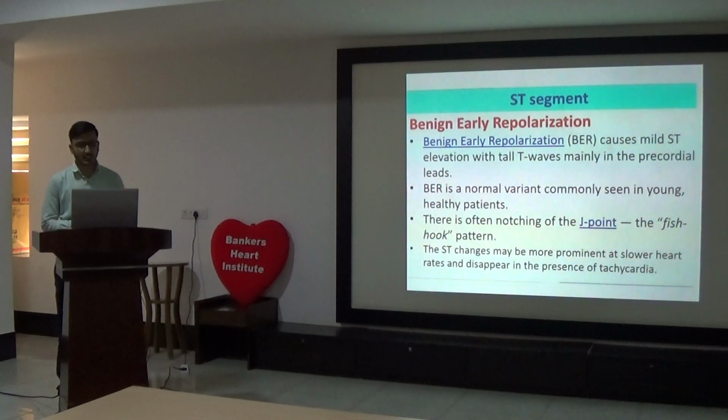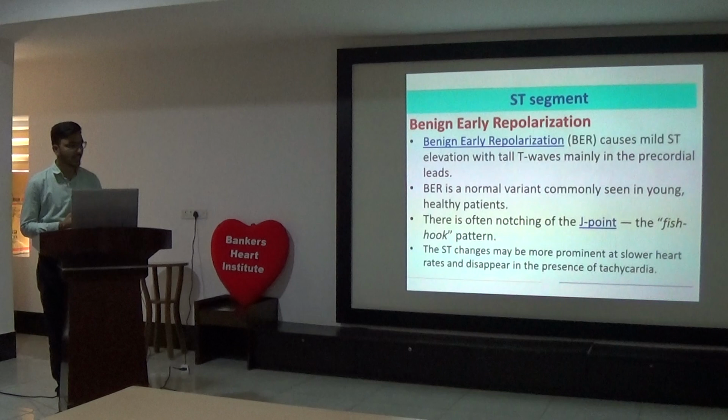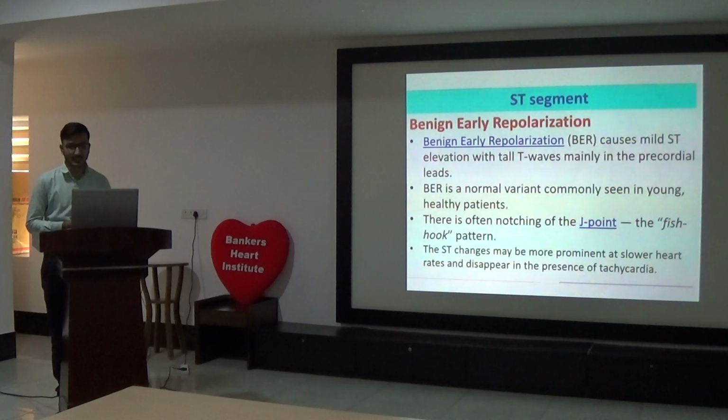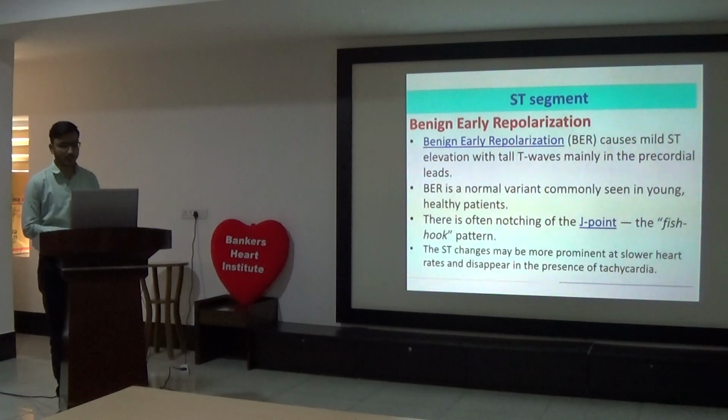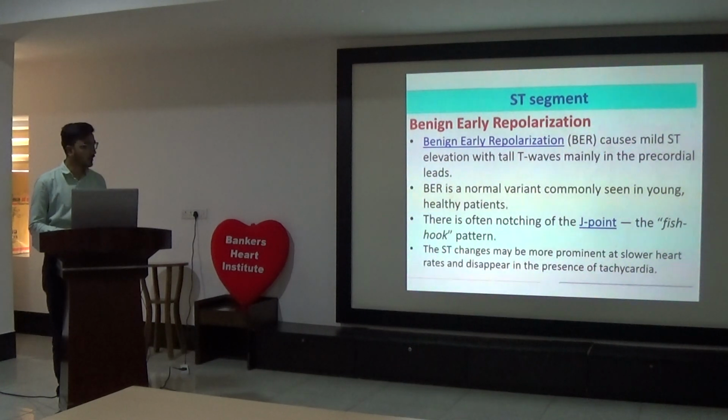Next one is benign early repolarization. Benign early repolarization causes mild ST elevation with tall T waves, mainly in the precordial leads, and it is a normal variant commonly seen in young healthy patients. There is often notching of the J point, meaning the end of the QRS and beginning of the ST segment, like a fish hook pattern.